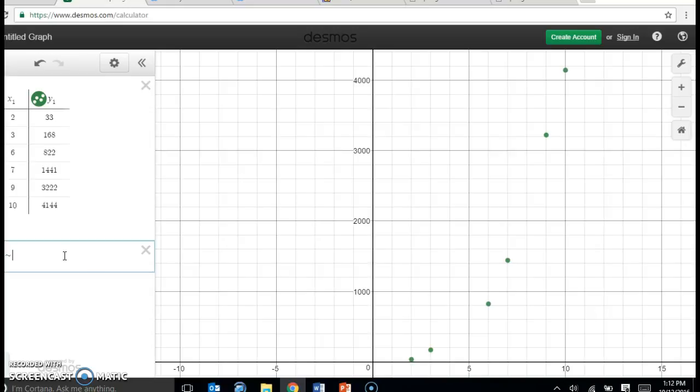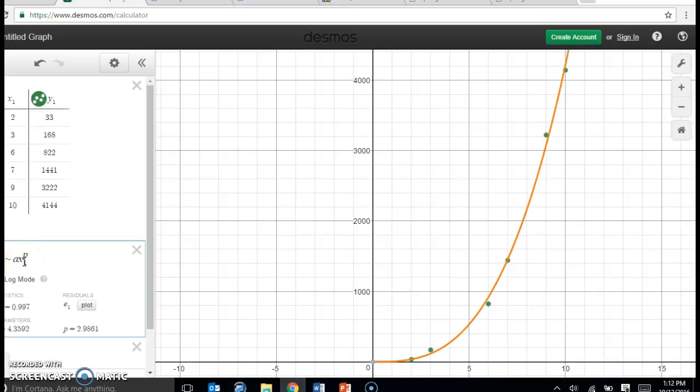And then our power function was a x to the power, correct? So we're going to do a x to the p power. Uh-oh, what I forgot: in my table, it's x1, so I need that to link it to my table up here.